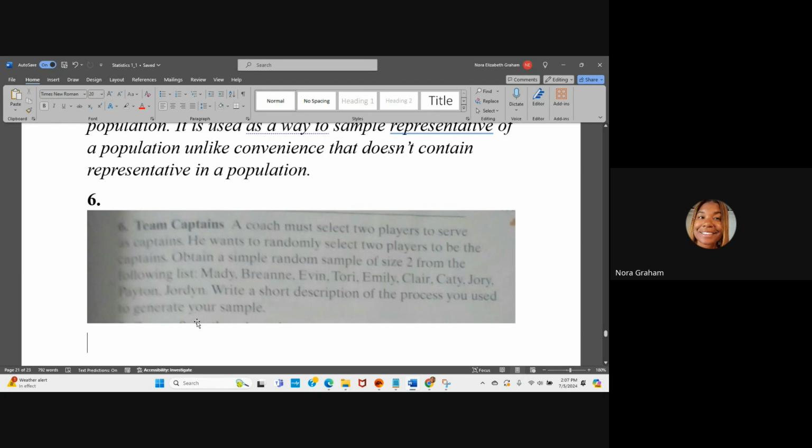So we have to randomly select 2 people from these people that they listed down. One way you can do it, and you can have other answers for this question, but I'm just going to use my hat expression.